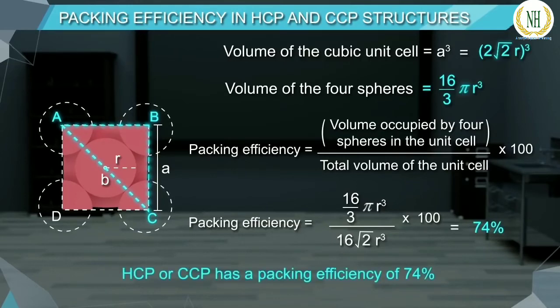HCP or CCP has a packing efficiency of 74%.